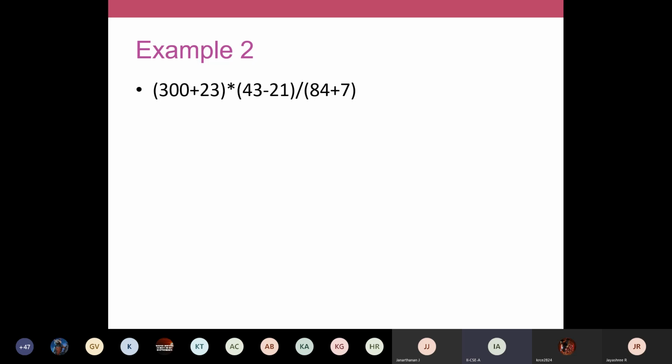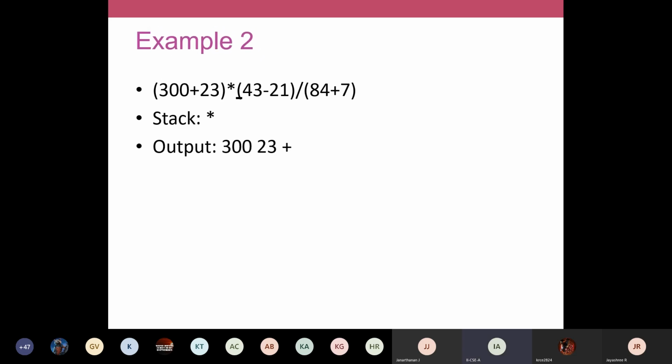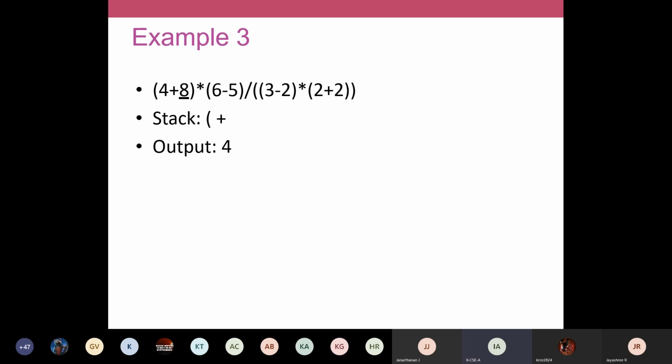So you take down this question, write down the parenthesis 300 plus 23 star 43 minus 21 84 plus 7. This is one exercise problem, and another one, I'll show you the third example, third question. So write down this third question, you can note down. 4 plus 8 into 6 minus 5, 3 minus 2 star 2 plus 2.